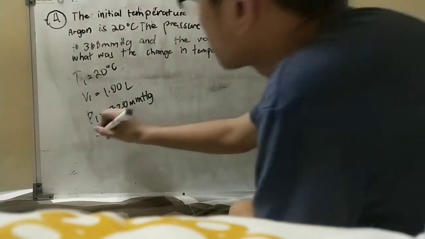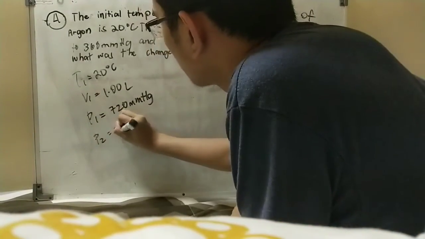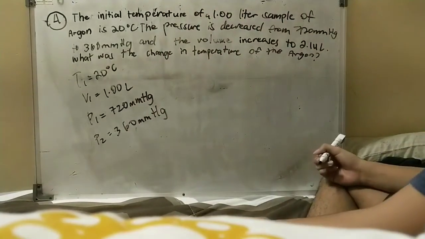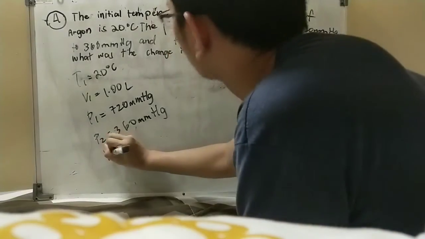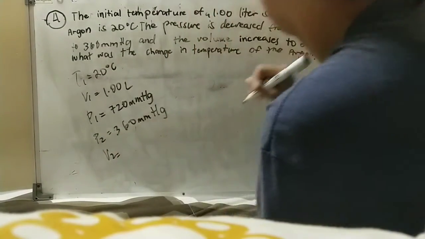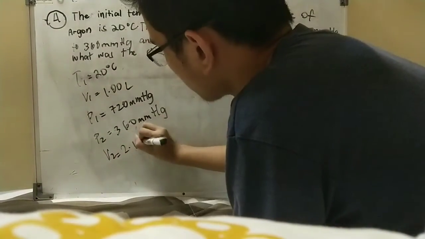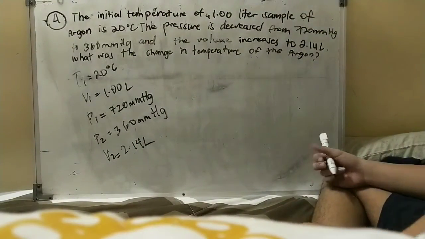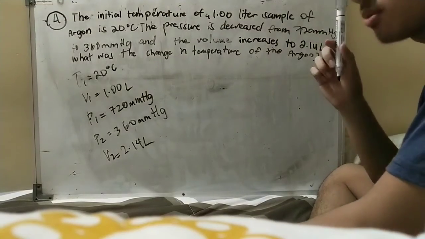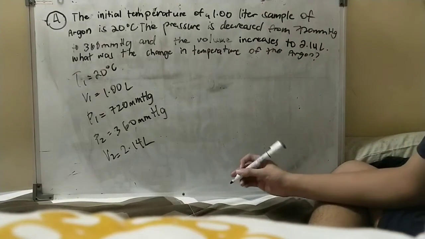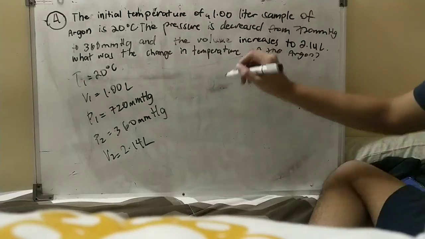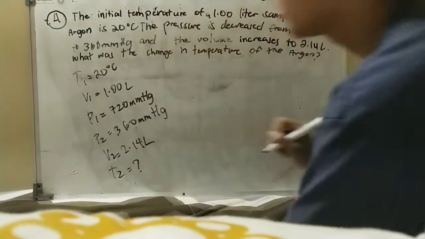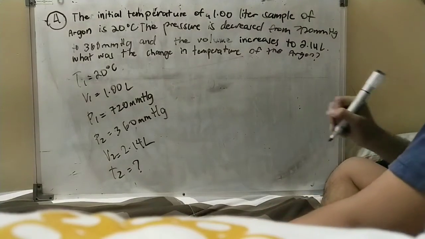Our pressure 2 is 360 mmHg. And then our volume 2 is 2.14 liters. After that, we then look at what we're finding in our problem. So what we're finding is the change in temperature, or the temperature 2. So again, let us derive our formula.